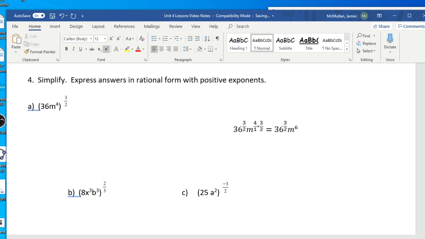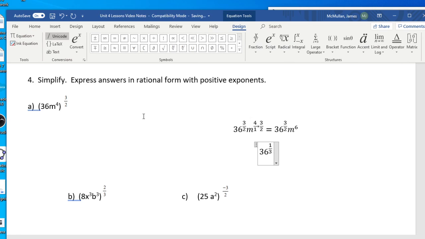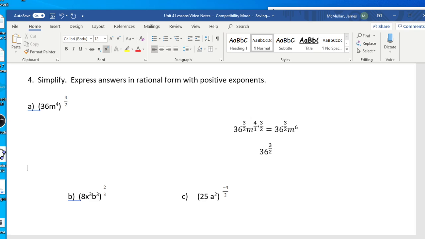Now, what the heck is 36 to the power of 3 halves, right? 36 to the power of 3 halves is equal to 36 to the power of 1 half, and then all cubed.